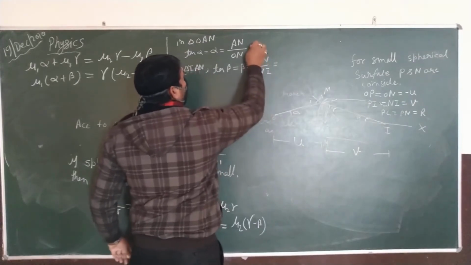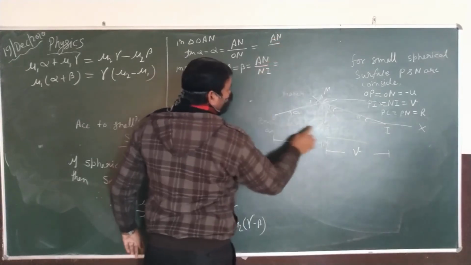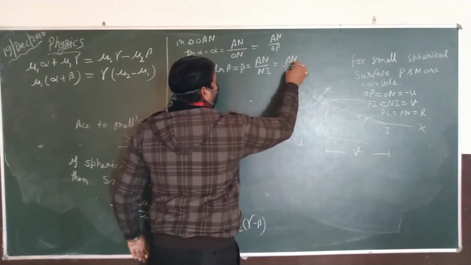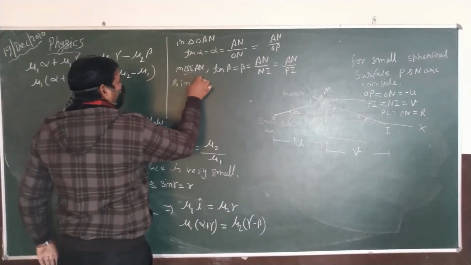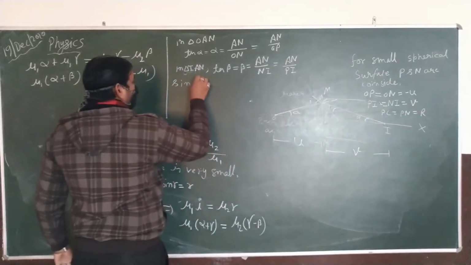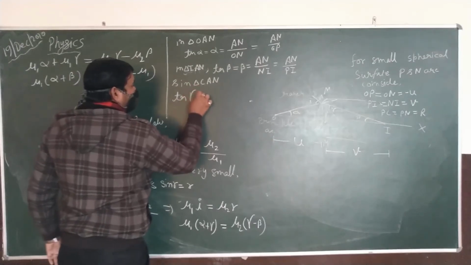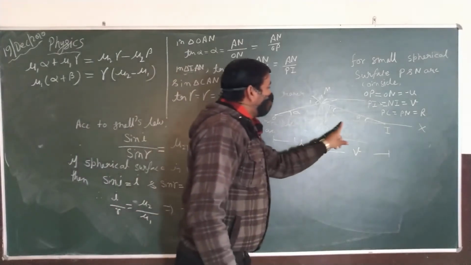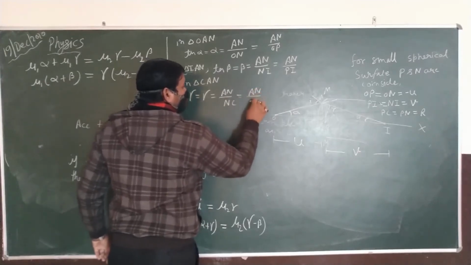Okay, and this we write AN upon OP, this is AN upon PI as per convention of sign, and in triangle CAN, tan gamma is equal to gamma is AN upon NC, which is AN upon PC.